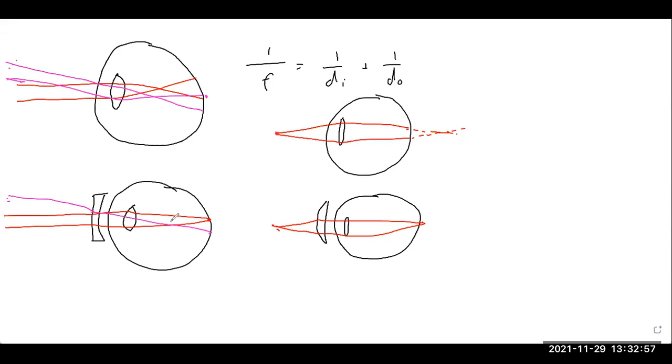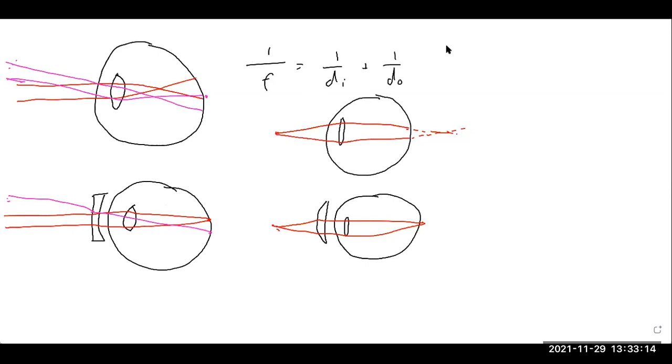What astigmatism is, is where it doesn't focus things the same on the vertical and horizontal axis, or maybe diagonal that way and diagonal that way axis.